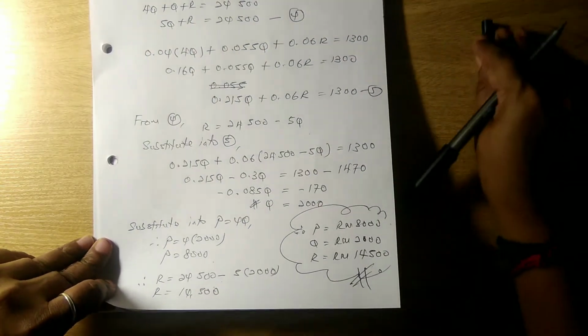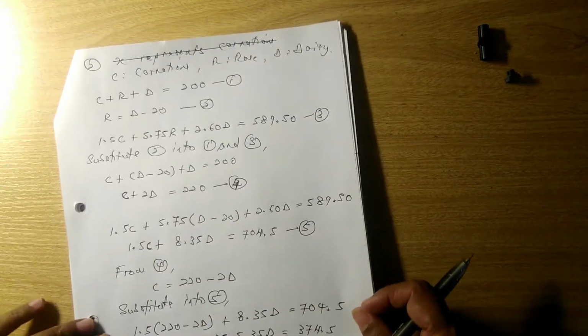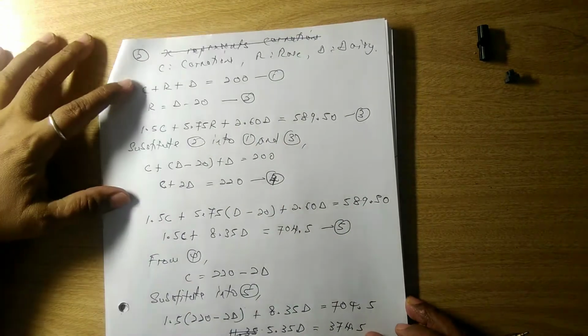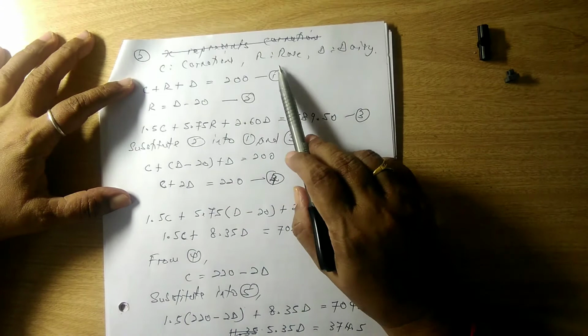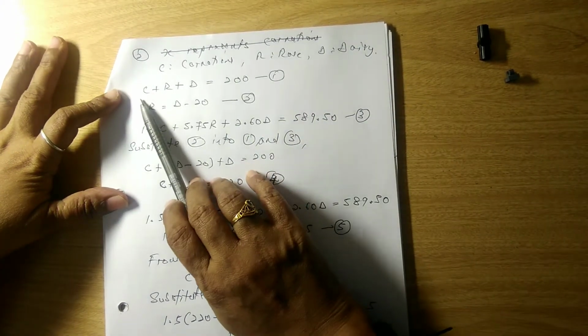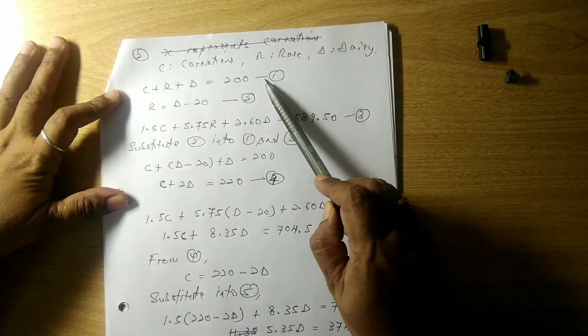So that's one. All right, question 2 involves the buying of 3 types of flowers. C stands for carnations, R roses, and D daisies. The total number of stocks bought is C plus R plus D, which is 200.